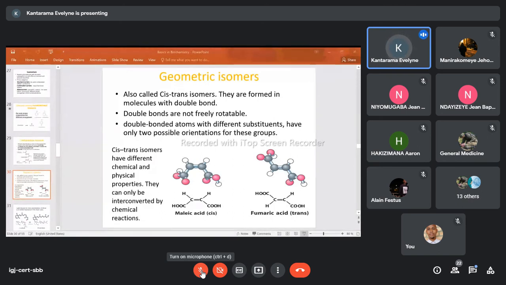Otherwise, without those external factors, there's no way to change cis to trans or trans to cis. There should be external factors. Let's see on the following slide where we have an example.